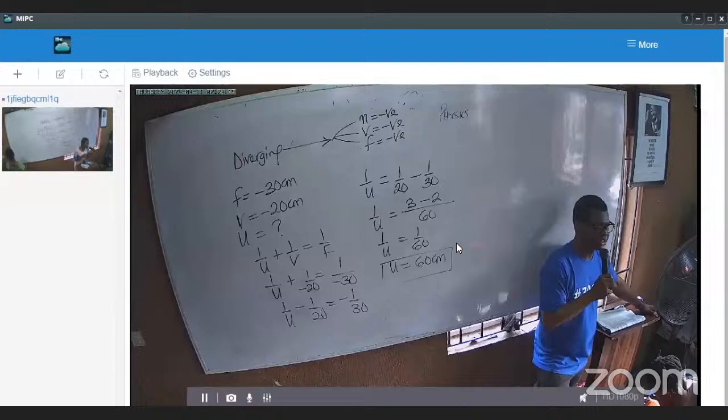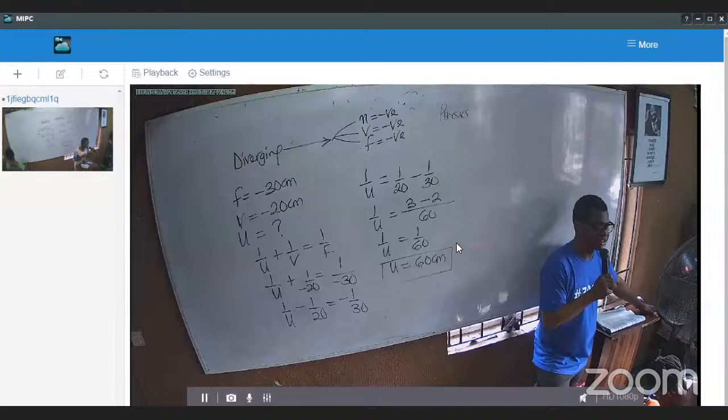You need two media at least. You can have three, like the one we have today: from air to water to glass to air. That's three media. At least two media involved.